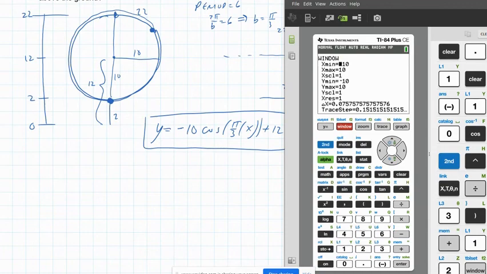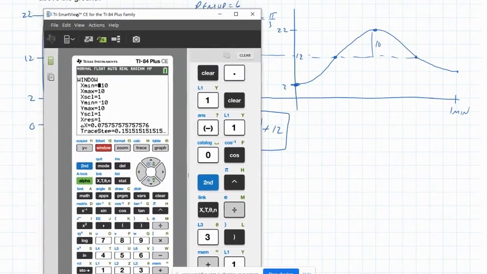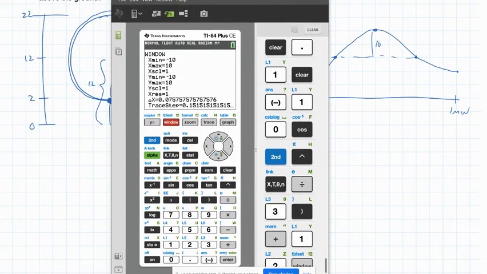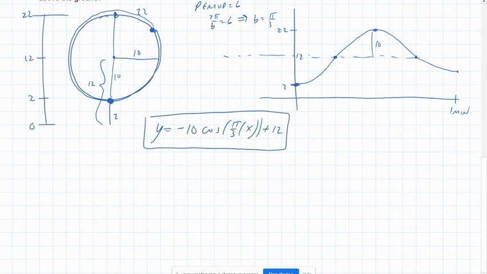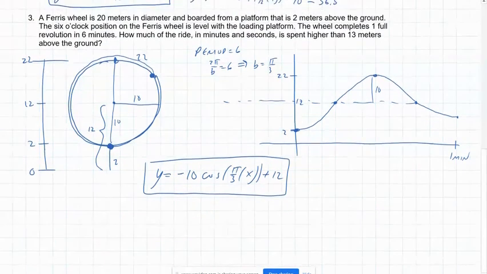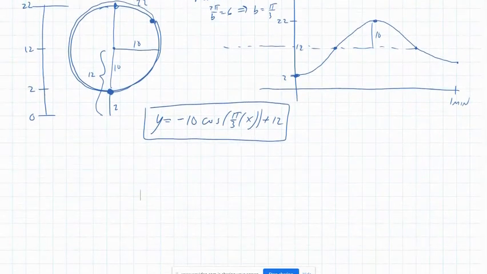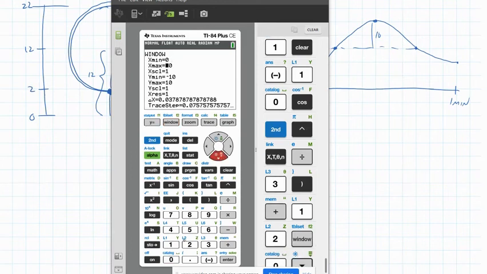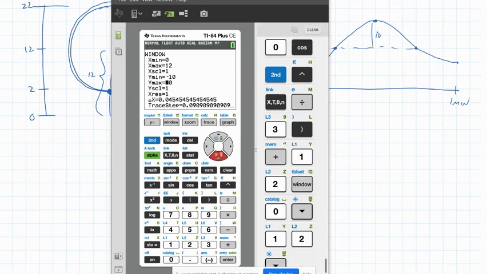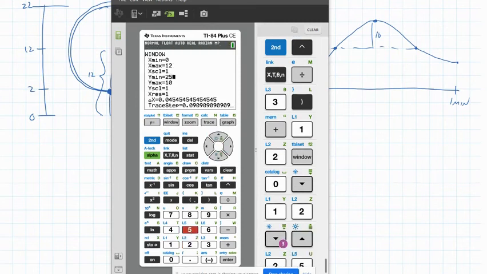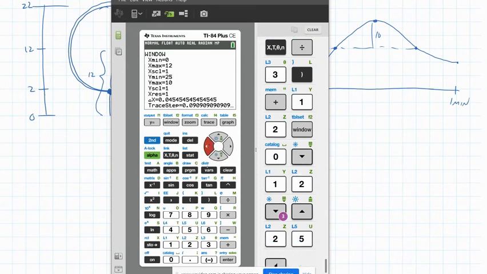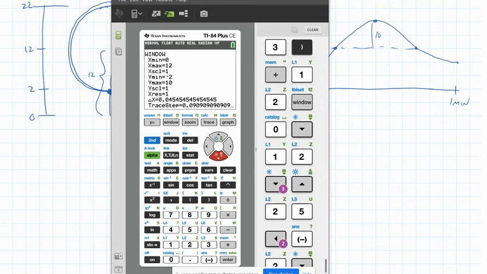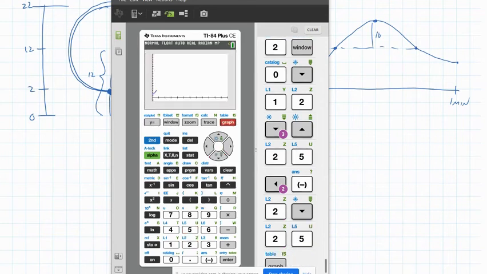It does a full rotation in 6 minutes, and so we'll go 0 to 12. That'll give us 2 cycles. The highest y value is 22, so I'm going to go 25. Actually, this is a negative, so we'll go negative 2 up to 25. And then if we graph it, there's 2 full cycles riding the Ferris wheel.